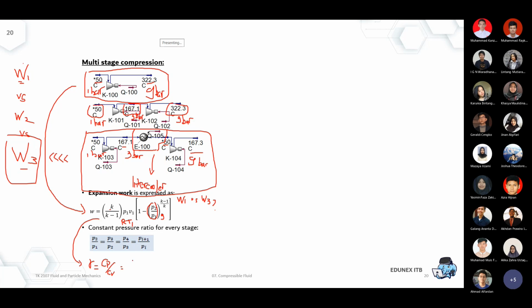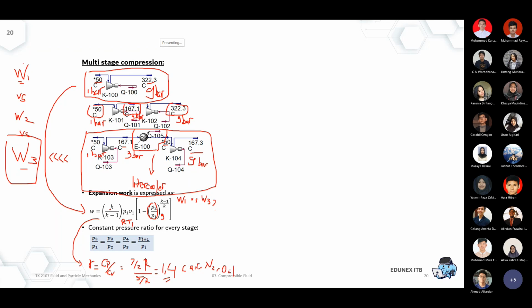That's a diatomic gas, which means Cp is 7 per 2 R and Cv is 5 per 2 R. That makes gamma a constant 1.4 for air, nitrogen, oxygen, all diatomic gases.